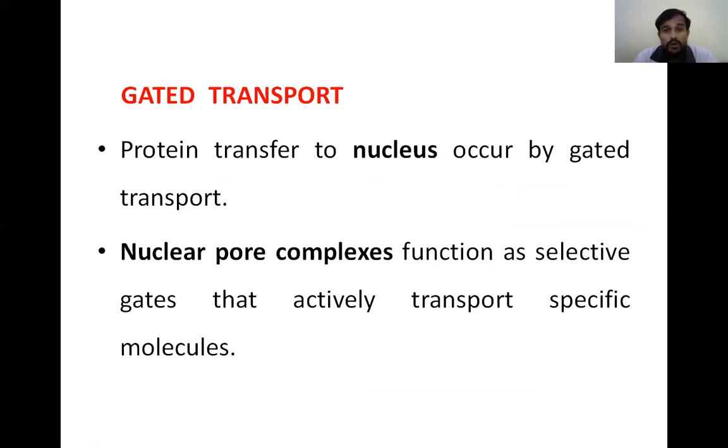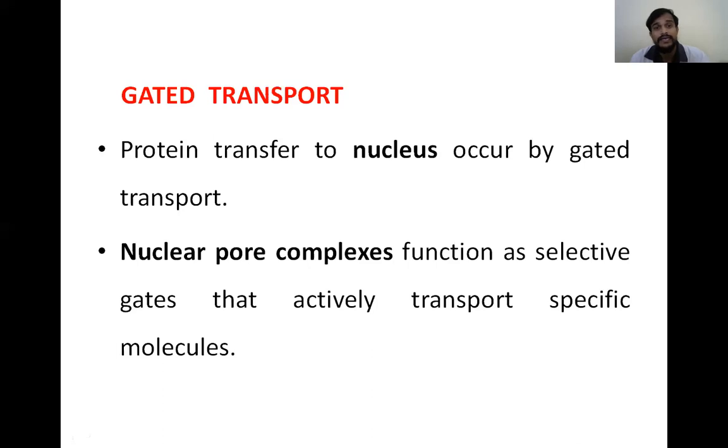The nuclear pore complexes, here it is important, function as selective gates that actively transport specific molecules. Active transport means there is a necessity of energy. So this gated transport occurs in the nucleus.